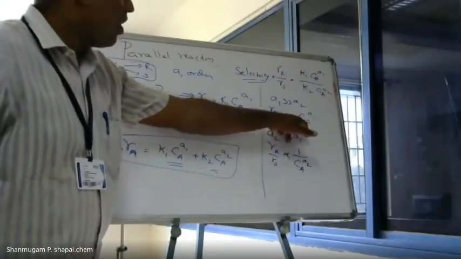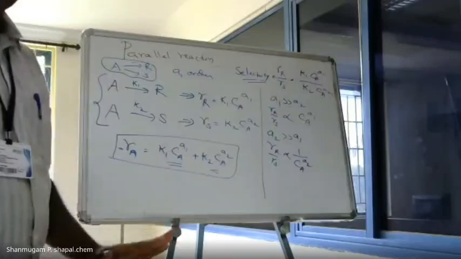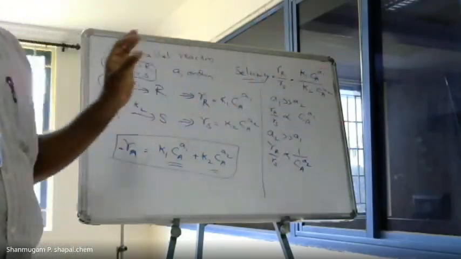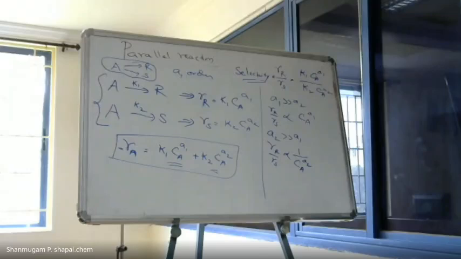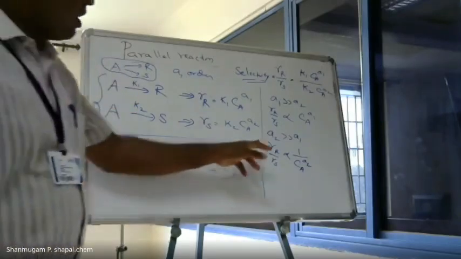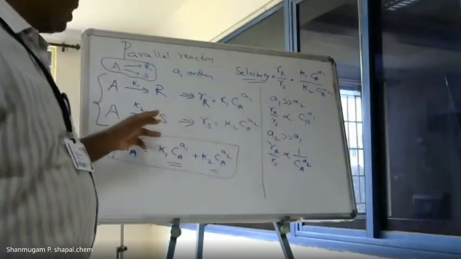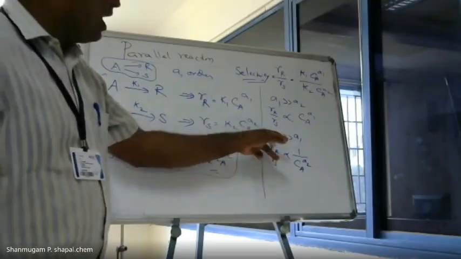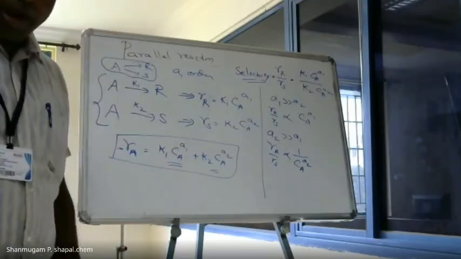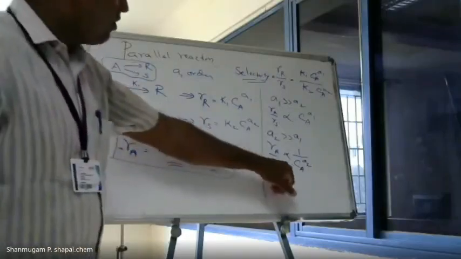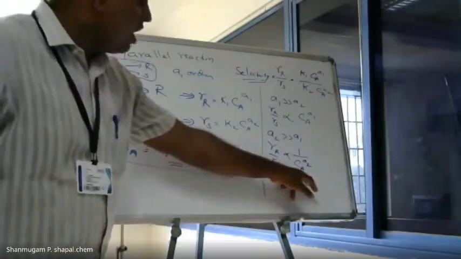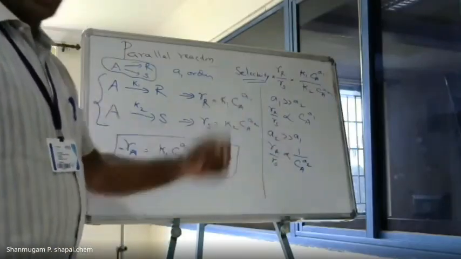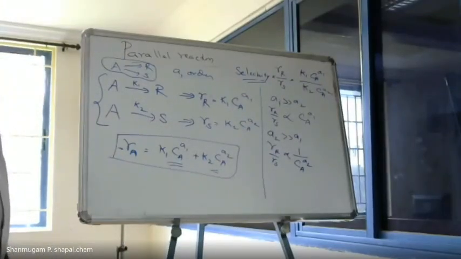If a high concentration is available in the reactor, then the desired product rate will be higher compared to the undesired product rate. If the order of the undesired product is higher than the desired product, then the concentration of A should be minimum to have a high desired product formation here.